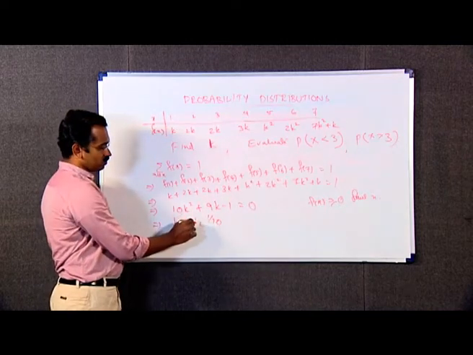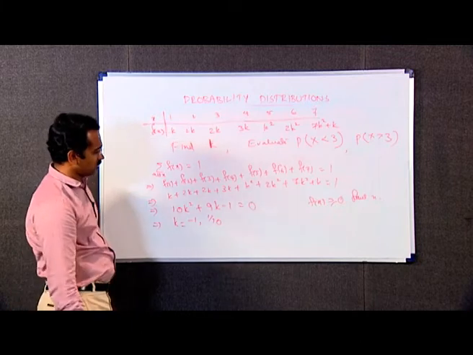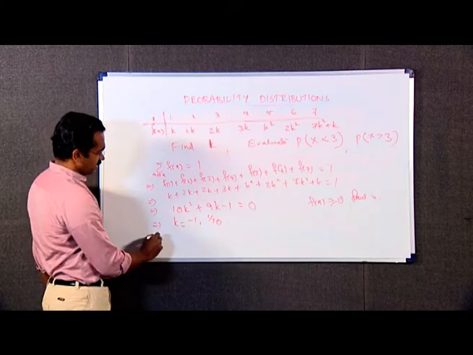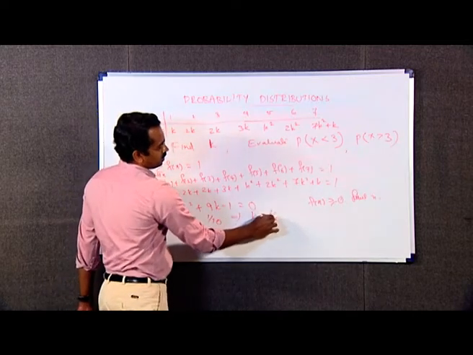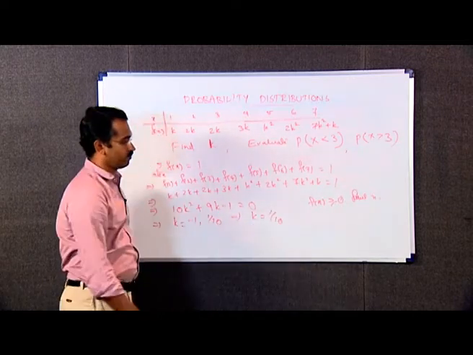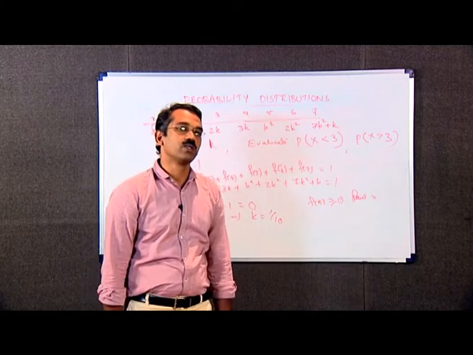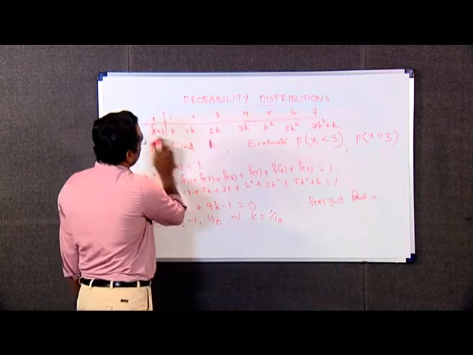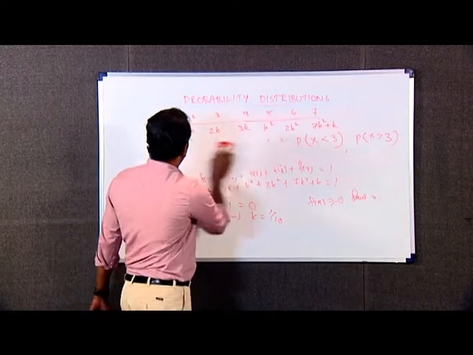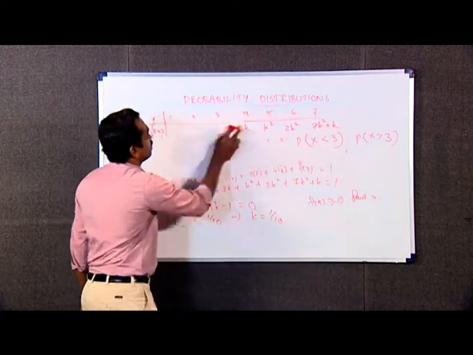Therefore, k equal to minus 1 is not taken. We take the value of k as 1 by 10. Therefore, the given function can be written by replacing all k.